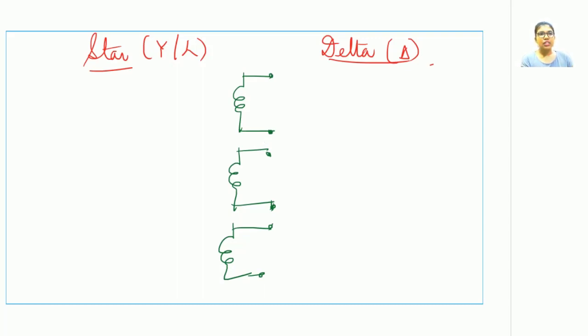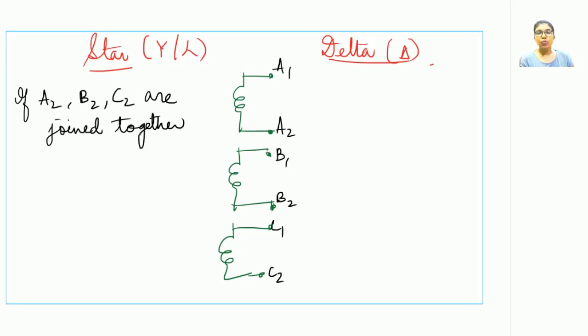The sources are named A1, A2 for the first phase, B1, B2 for the second phase, C1, C2 for the third phase. Now how do you make a star connection out of these three phases and six connections? In order to make the star connection, if A2, B2 and C2 are joined together, then one gets a star connection, or if similar ends are joined together.